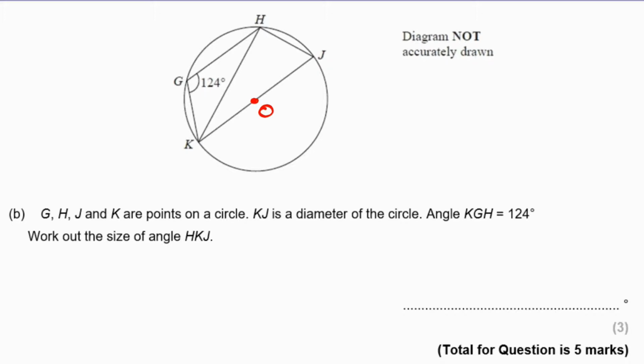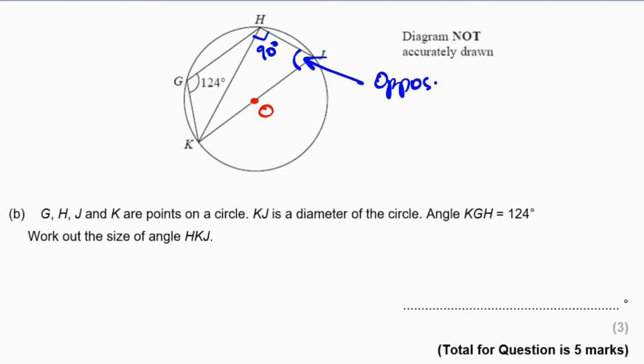The first thing you need to realize here is that this angle here will be 90 degrees, given that KJ is the diameter of the circle. That angle has to be 90 degrees. Then to find this angle here, we know that opposite angles in a cyclic quadrilateral add up to 180.